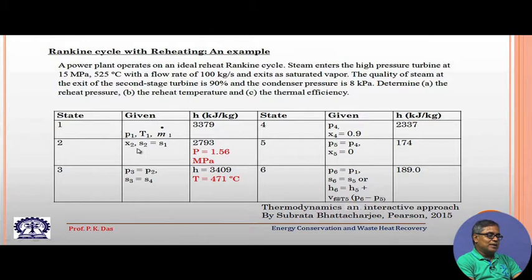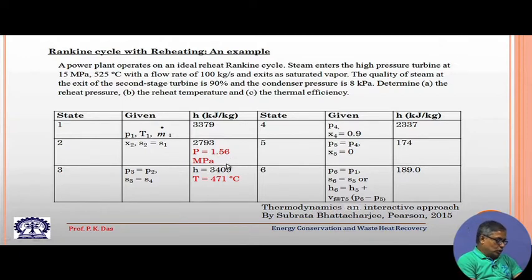If we are using a conventional steam table, then some searching and some interpolation may be needed, but we will be able to find the pressure at which S2 is equal to S1 and the condition is saturated vapor. If we do that, then we get the pressure, and the pressure is 1.56 megapascal.